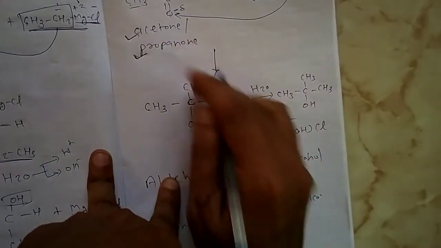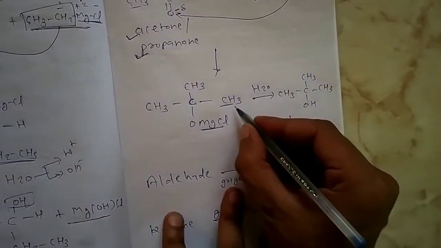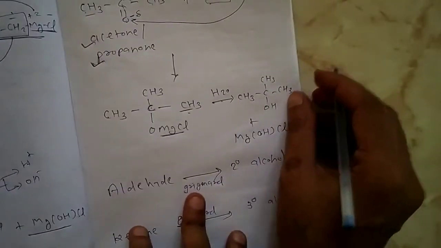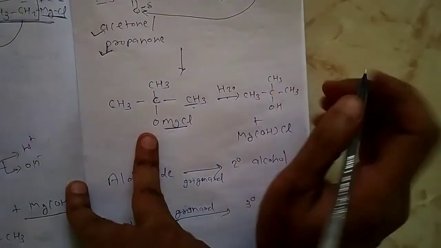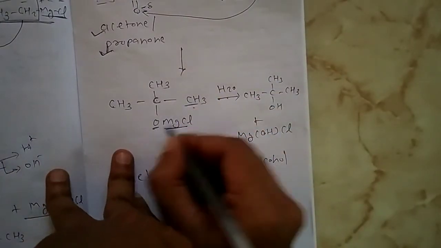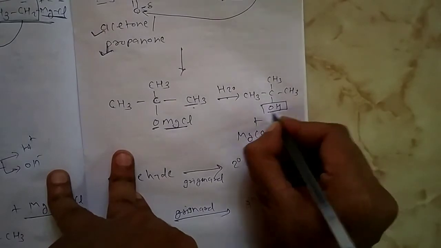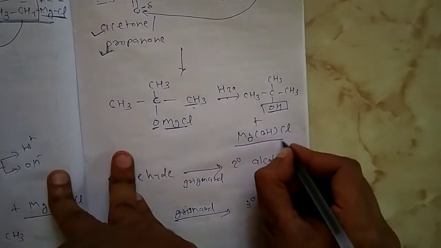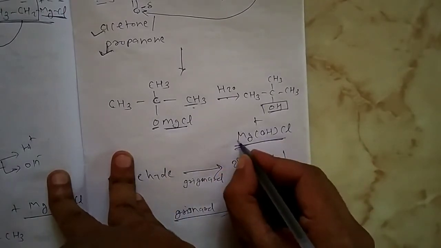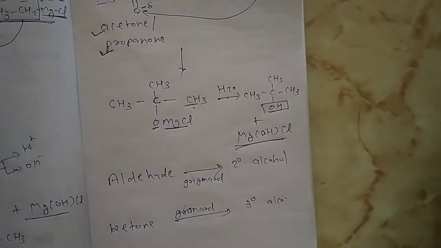This CH3 is as such. Now react it with water. Water will break into H plus and OH minus. Add H plus with oxygen, you can see OH is there. Then the remaining OH part attaches with MgCl, so MgOHCl will be our byproduct.